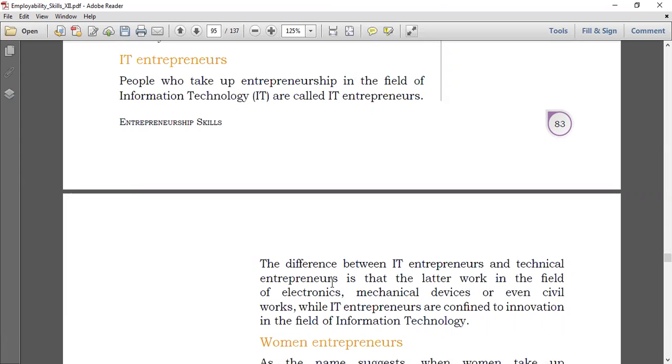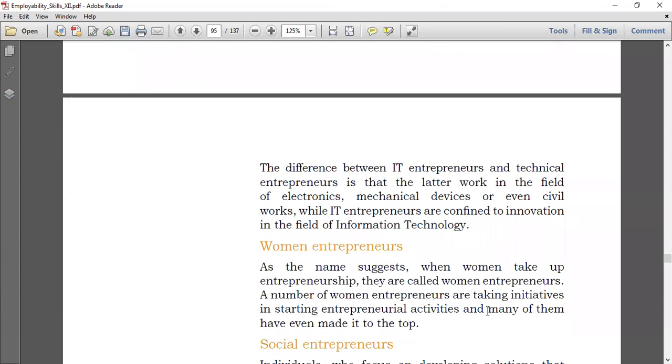And it's in all fields, as I told you, electronics हो, mechanical हो, civil हो. So IT entrepreneurs are always available for them. The person who generally gives services related to IT to all other industries is called an IT entrepreneur.